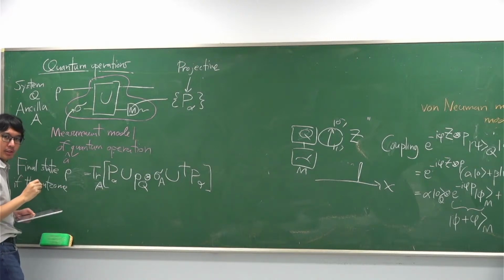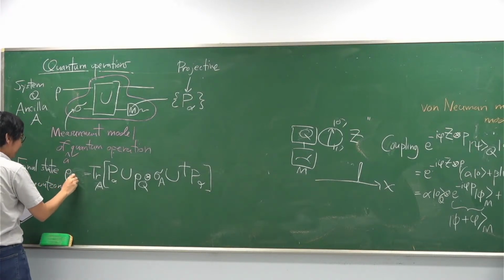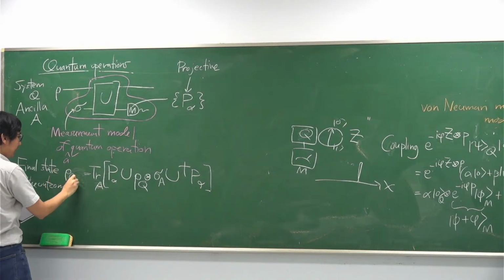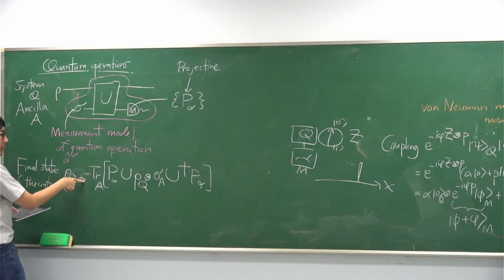Now we have to decide what's the most efficient notation here. Subscript Q, then I don't need the prime anymore. If I want to denote the post-measurement state given outcome alpha, then I put alpha here.